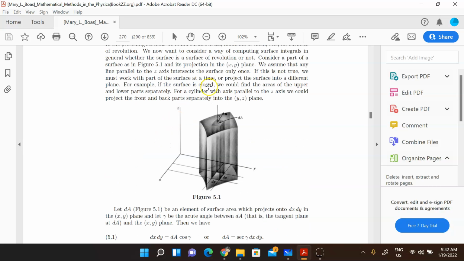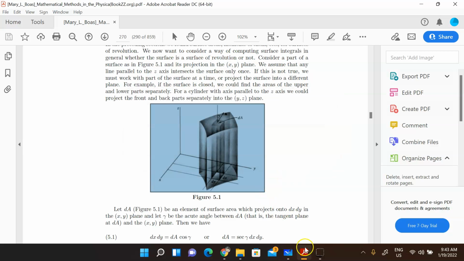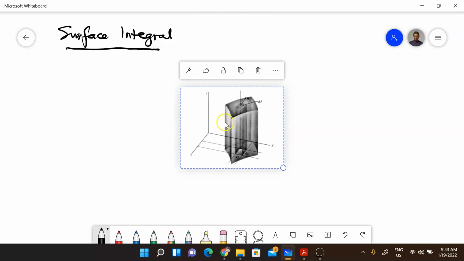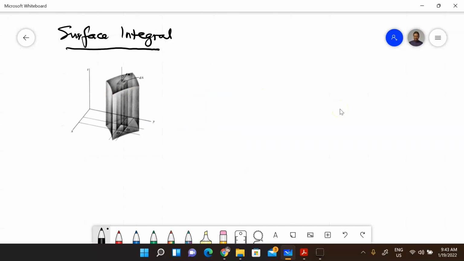So what we need is this picture. So let me cut and paste that. So over here, normally what one does is to have a rectangular area element given by dx dy.